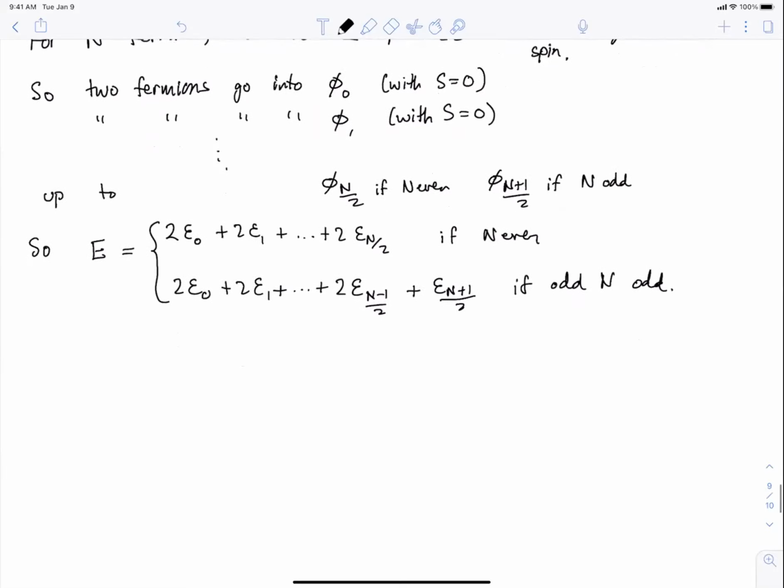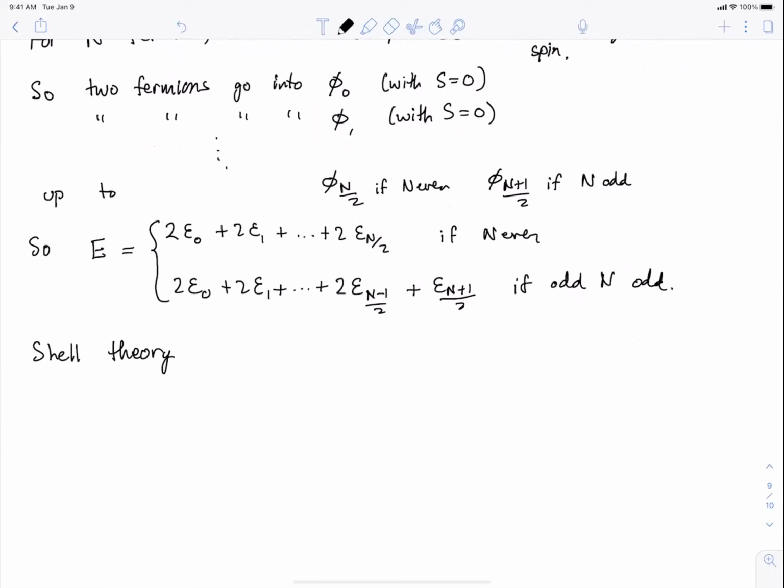Okay, so that leads to the shell theory for atoms. Because in atoms, what we're doing is we're combining identical electrons. So each unperturbed energy level can have exactly 2 and no more electron states, because now I'm including the spin.